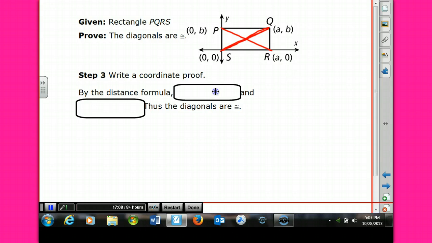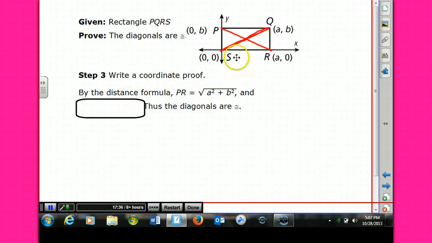By the distance formula, look at this, we have a right triangle. We're finding the distance between S and Q. So again, it's just using the Pythagorean theorem, isn't it? It would be the square root of A squared plus B squared.